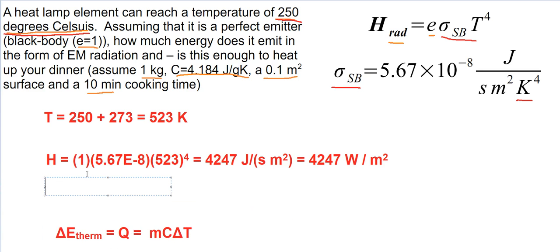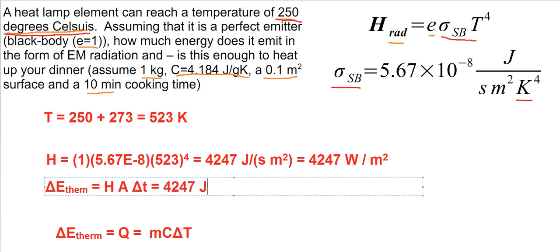Because you've been provided with a rate here, you're going to take H, multiply it by the area that you're exposing this thing to, and multiply it by the time period over which you are heating things up. Now here we have H, which is 4247 joules per second meters squared.